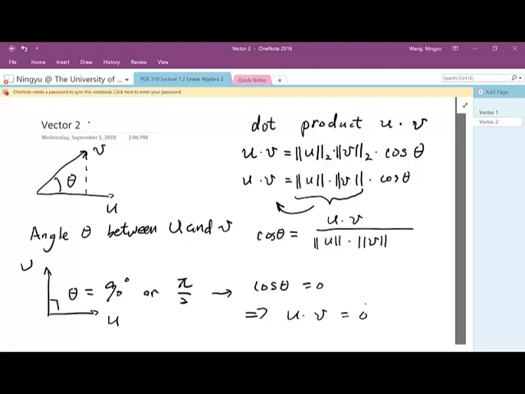But just remember one thing. In this case, u and v cannot be zero vectors. If you multiply a zero vector with anything, it's still 0, right? And to this point, this is all I want to share with you about vectors.